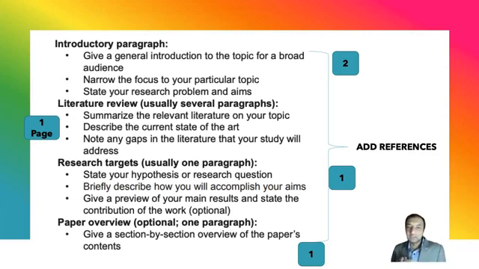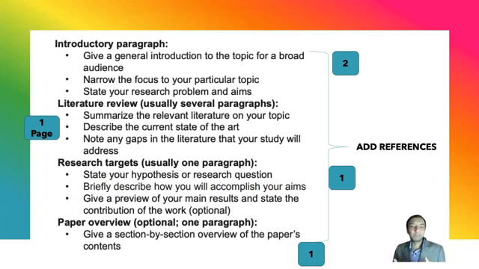Now, some articles or some people combine the introduction with the literature review part. Sometimes we have the introduction part separate and the literature review part separate. If that is the case, then the general information, the narrowing down point, and the research problem part would become one paragraph. That would be 3 paragraphs.